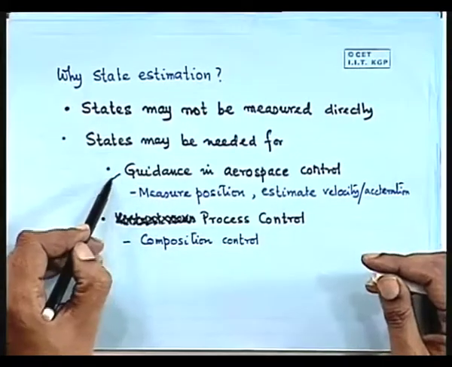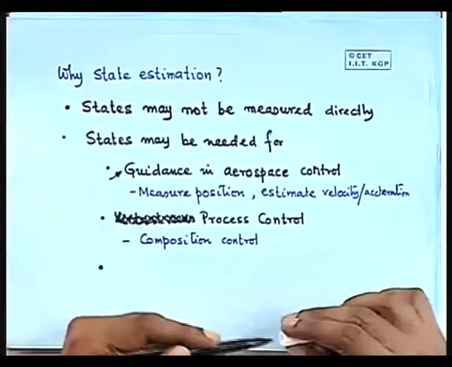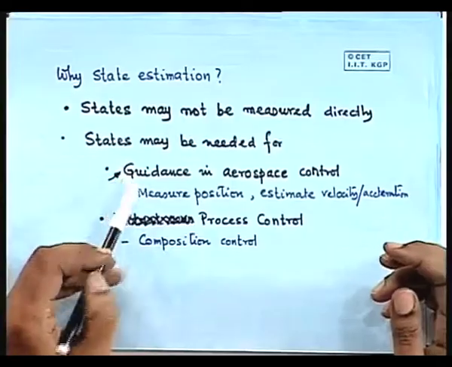typically, this is an example in which I am interested. Let us say you want to construct a control mechanism for a rocket, or a missile, which is supposed to hit another missile or maybe an aircraft.